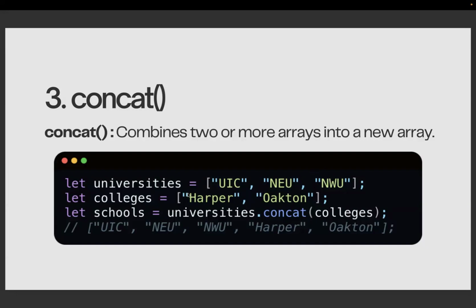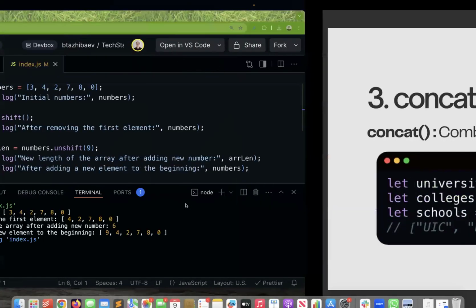And then for colleges, we have Harper College, Oakton College, and let schools equals universities.concat colleges. And now we have UIC, NEU, NWU, Harper, Oakton, all in one array, which is called schools.